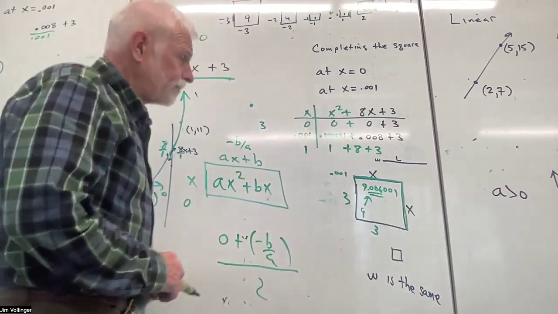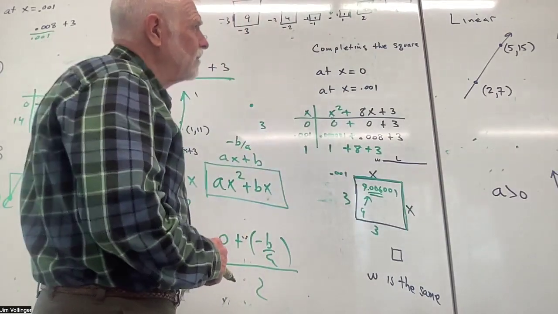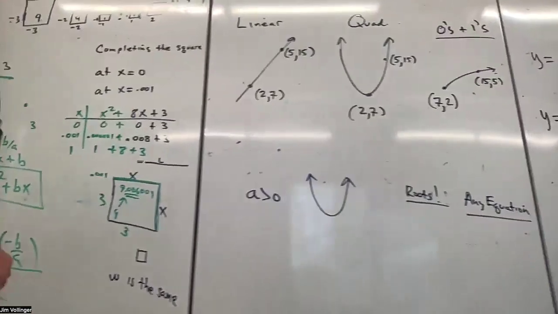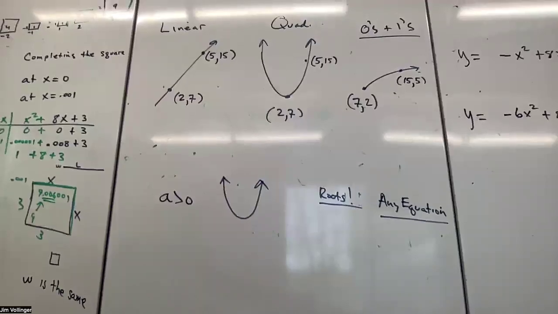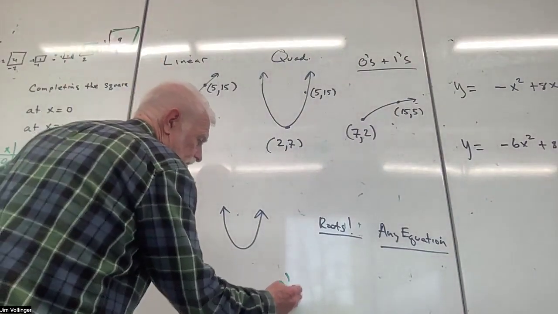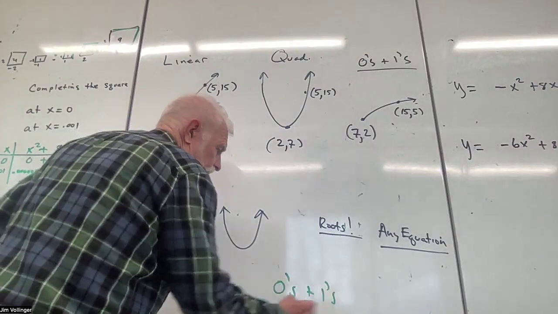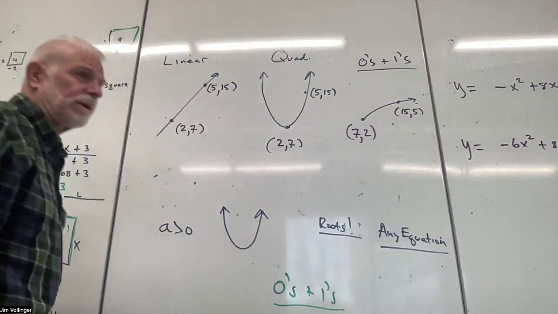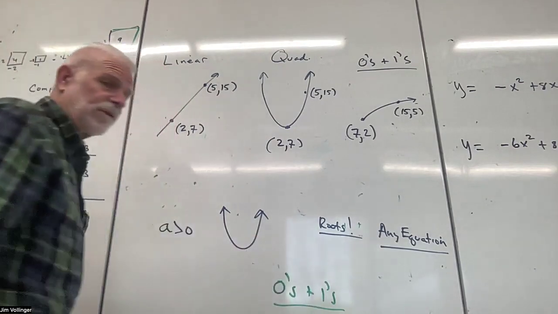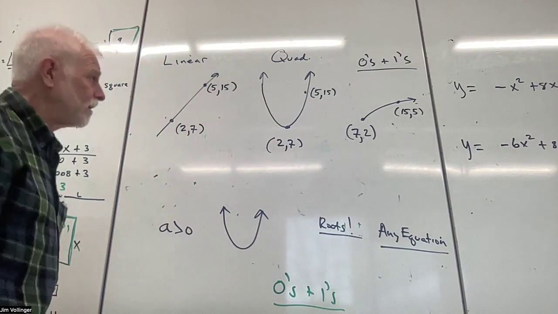All right. So, keeping that in mind, let's go over and summarize some things we've done. And now I'm on the zeros and ones video. The zeros and ones, because that's how we really can graph things quickly for polynomials, is understanding that those are the easiest multipliers, 0 and 1.